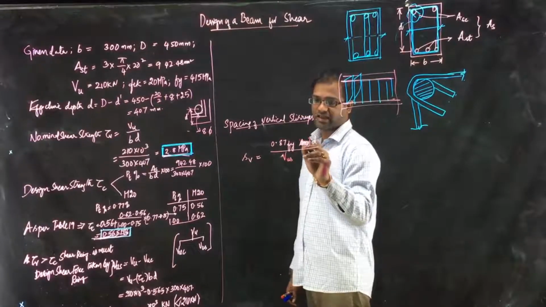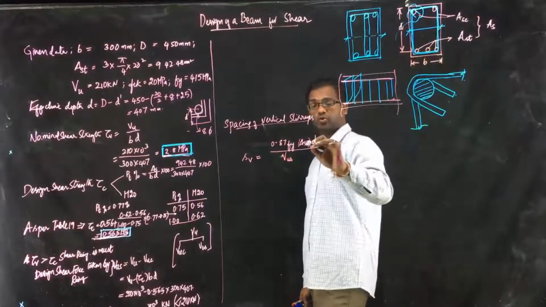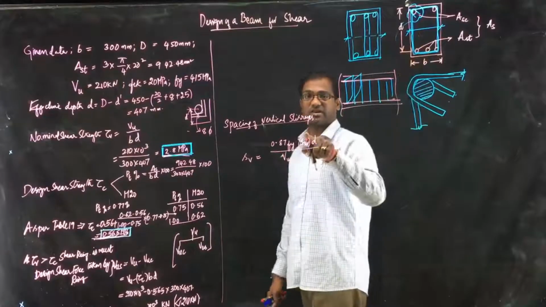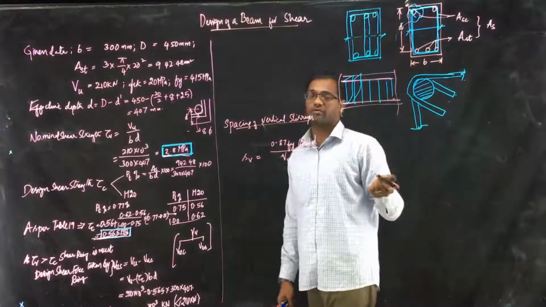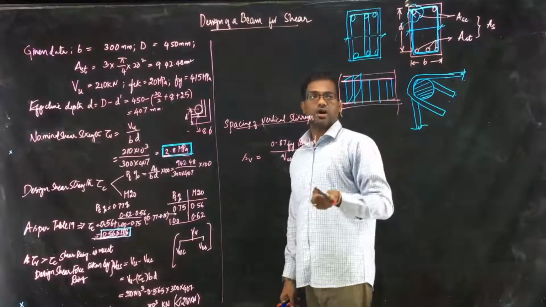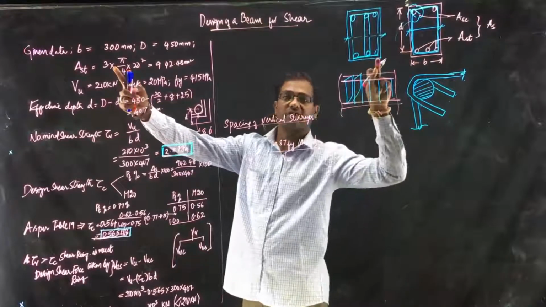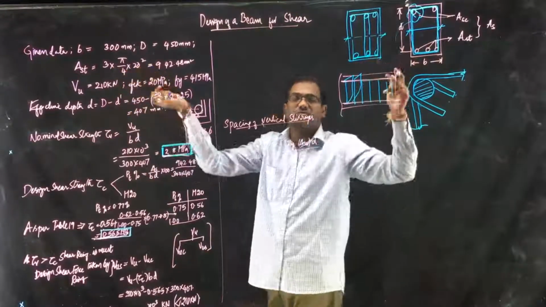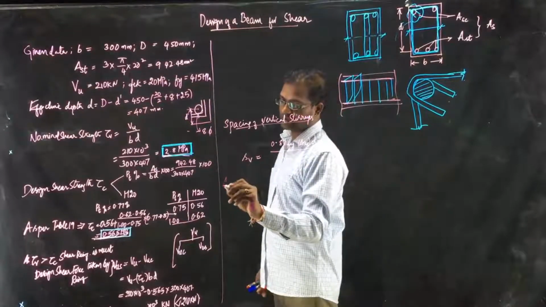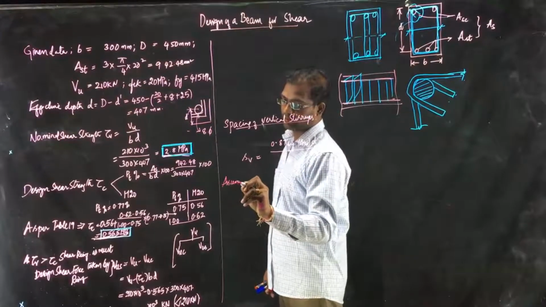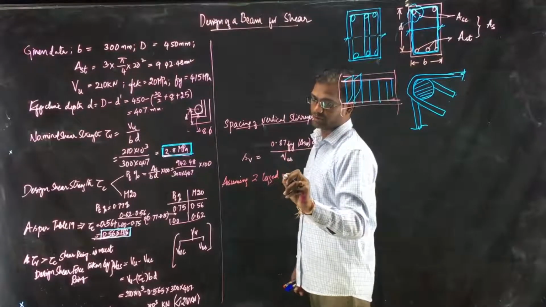Now, what is this Asv? As I said, if you want to provide two-legged stirrups, then 2 into pi by 4 of dia square would be the Asv. If you provide four-legged stirrups, then it will be 4 times pi by 4 of dia square. Because we are providing only 3 bars here, and the top bars we don't know, we shall go for assuming two-legged stirrup only.